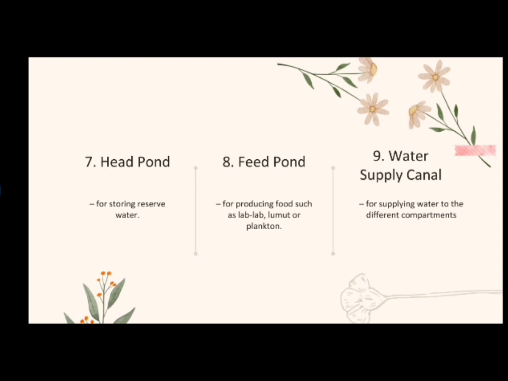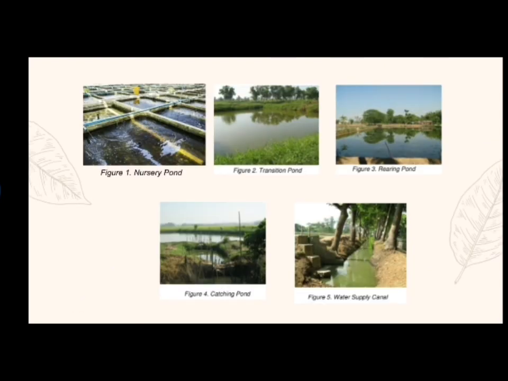Mag-supply og water. So figure 1 is the nursery pond, figure 2 the transition pond, figure 3 the rearing pond, figure 4 the catching pond, and figure 5 the water supply canal.